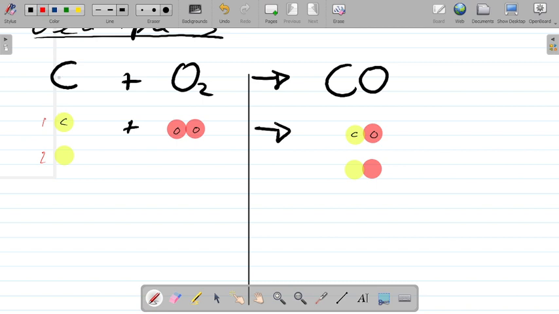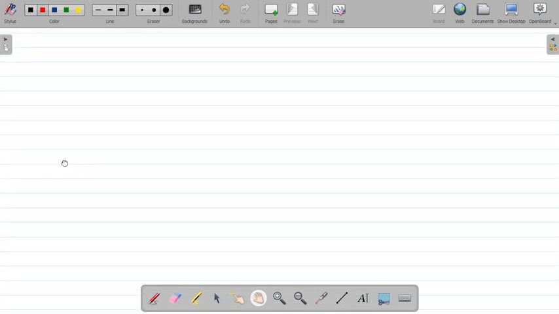How many carbons individually did I use? 2. Oxygens, just oxygens as an O2, as a diatomic element, I used only 1. So we don't put a 1 there, we leave it. And then we come to our product side. How many carbon monoxides did I use? I used 1 and 2. So that's 2 carbon monoxides. I put a 2 here, and the whole chemical reaction is balanced. Easy, easy, easy.